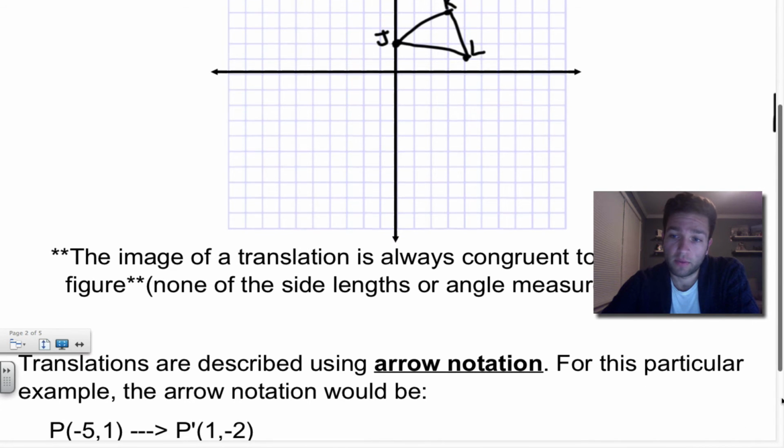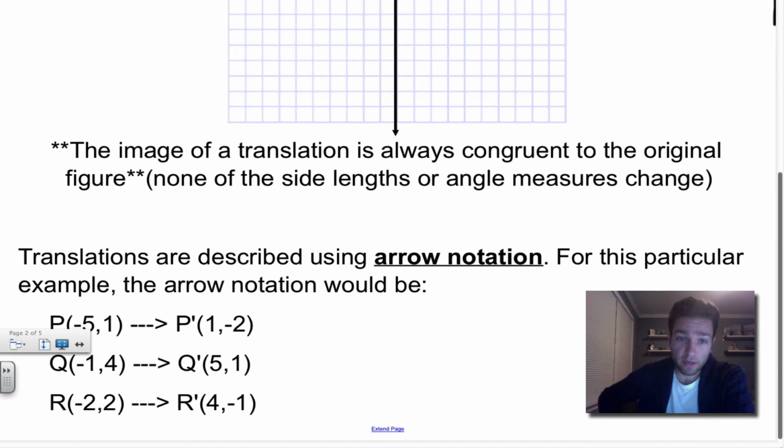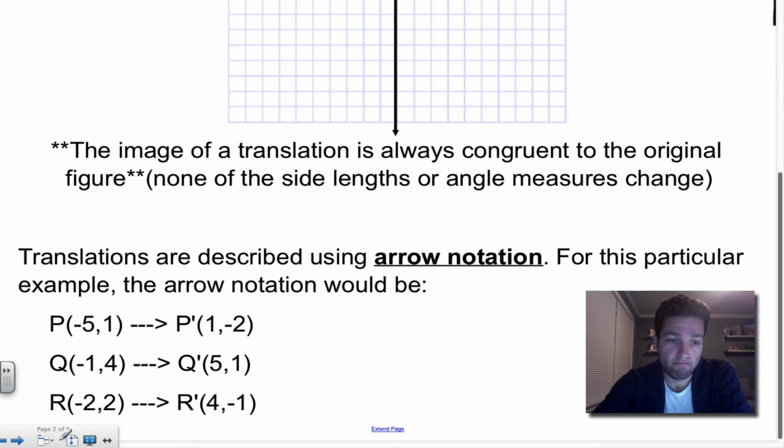Another thing that we're going to look at really quickly is called arrow notation. Arrow notation is just a way to describe where your original point was and then where the new point ended up.